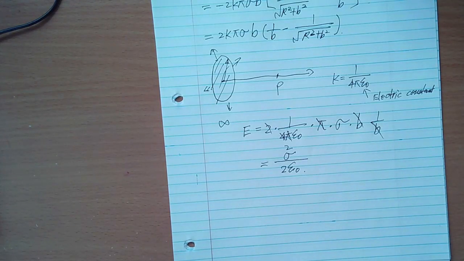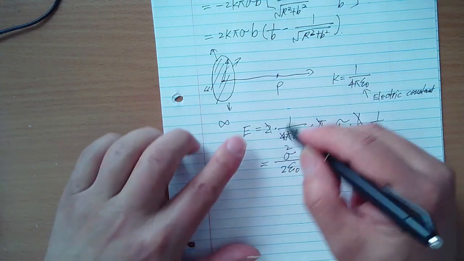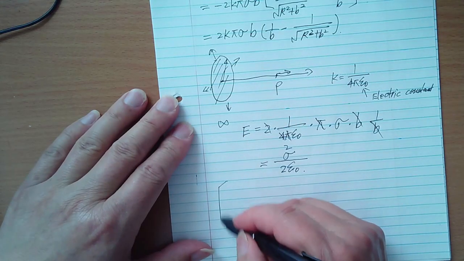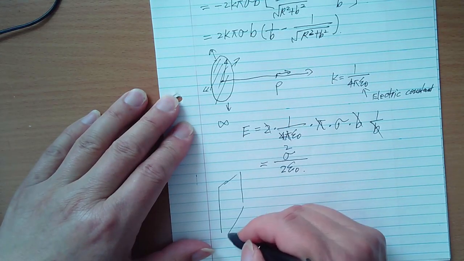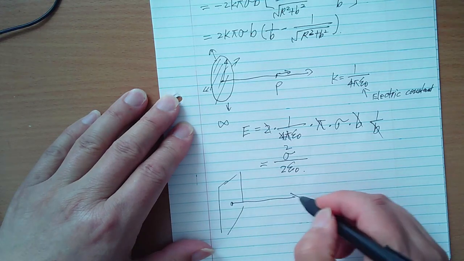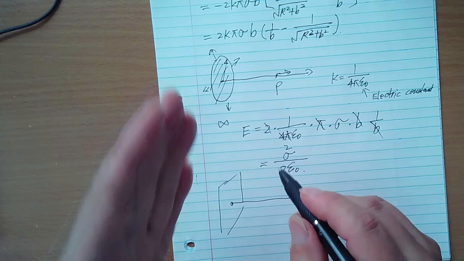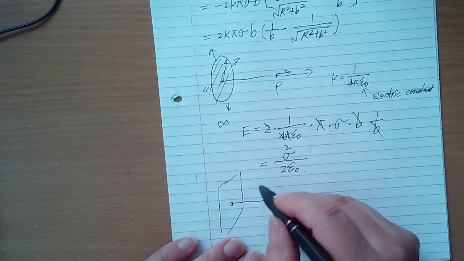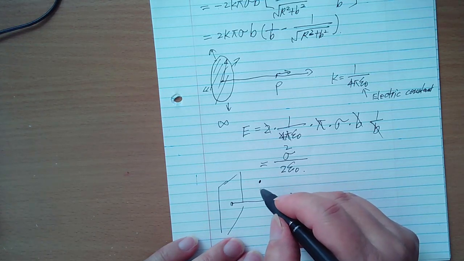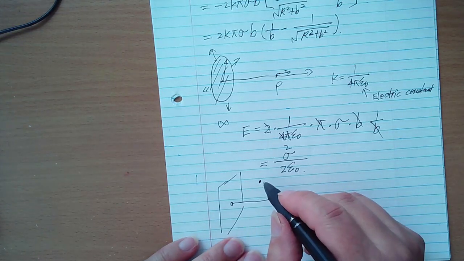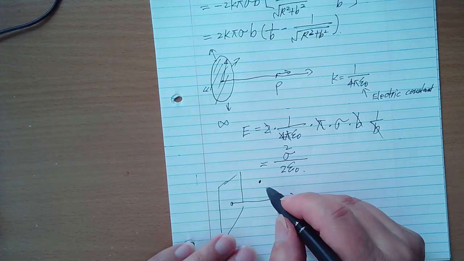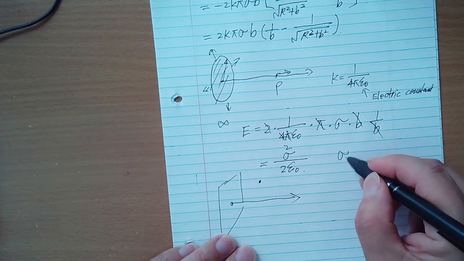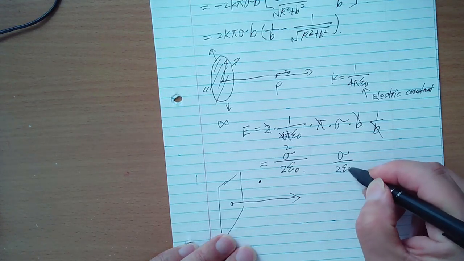Okay, so again, the direction of the electric field is going to be like that. So let's say if we have an infinitely large plate, and then any points, if we try to follow the electric field, it is always equal to sigma over 2 epsilon 0.